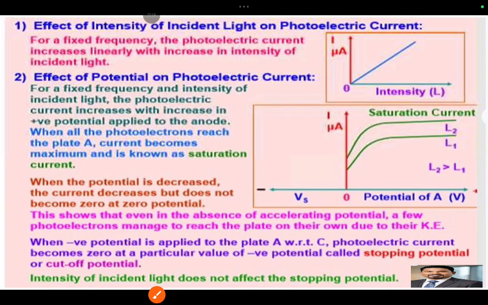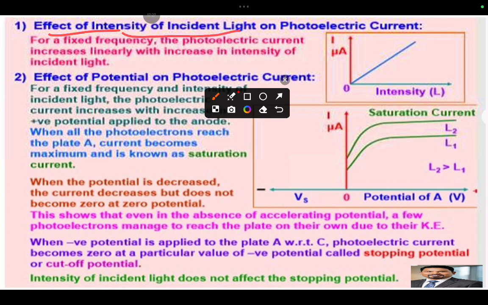Let's see briefly the effect of intensity of incident light on photoelectric current. Let us consider this graphical representation, with the intensity of incident light on the x-axis and the photoelectric current on the y-axis. A linear curve is observed.